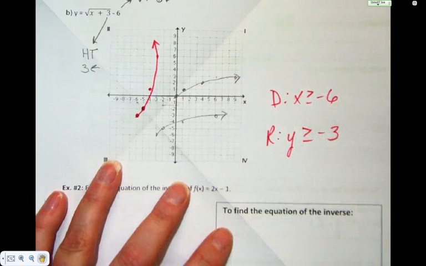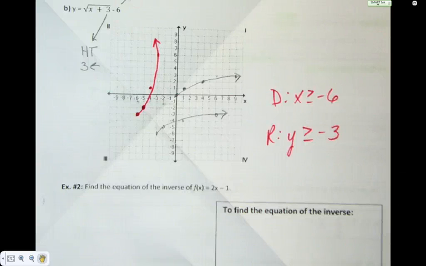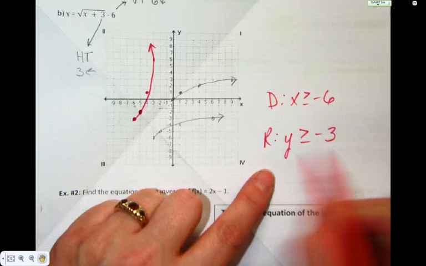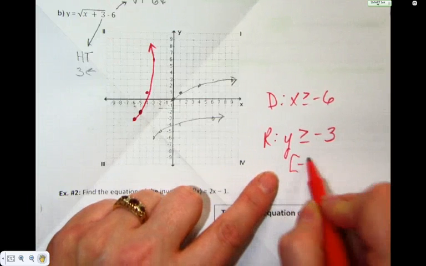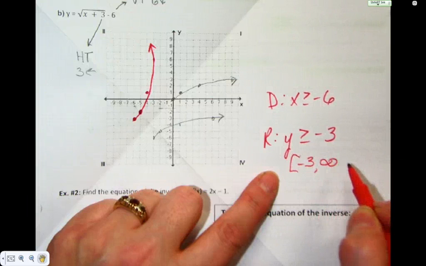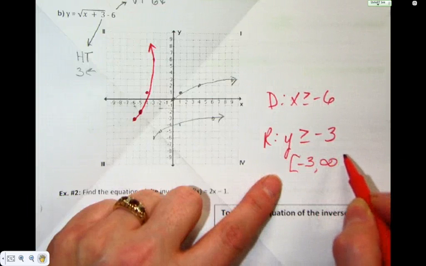Confirm? Okay, so what's the other notation that would match this? Inclusive bracket, -3 to infinity, circle bracket. Which we call parenthesis.